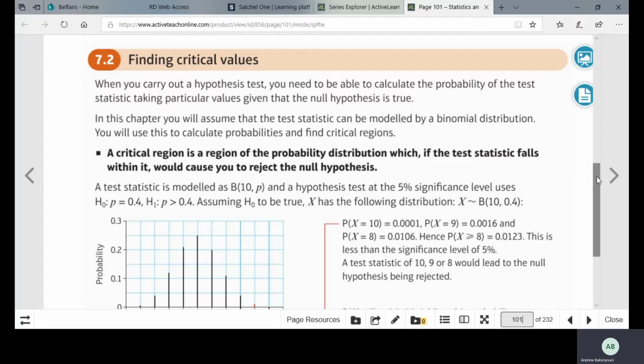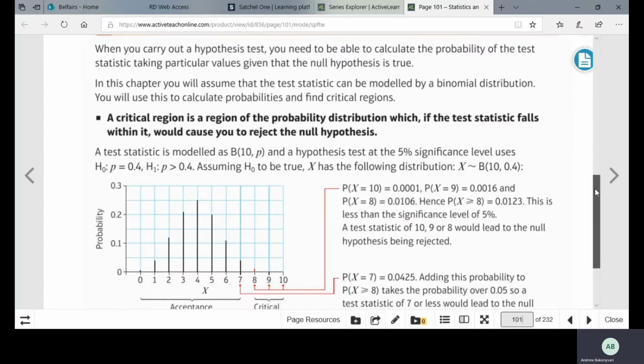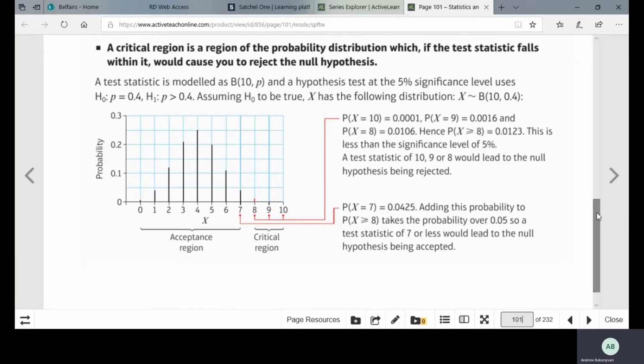The critical value is the first value at which we can reject the null hypothesis, the first value at which we can say, actually, this has changed. What we thought was true isn't really right anymore. So we're going to have a look, as I commented yesterday, at assuming that we can use the binomial distribution for all these things. We spoke in the prior knowledge check questions about what the conditions are for the binomial distribution.